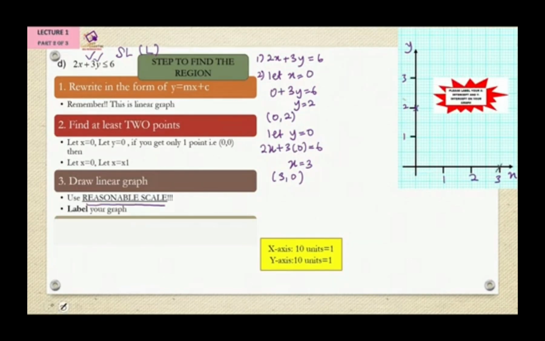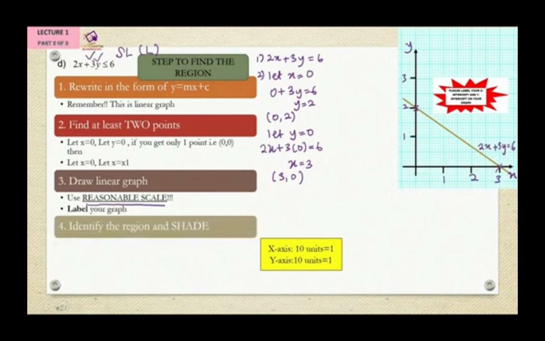Then draw your linear graph. It must be a solid line because of the included boundary line. So this is your linear graph. Then you should label your graph, 2x plus 3y equals 6. Then the last step, we need to identify the region and shade it.